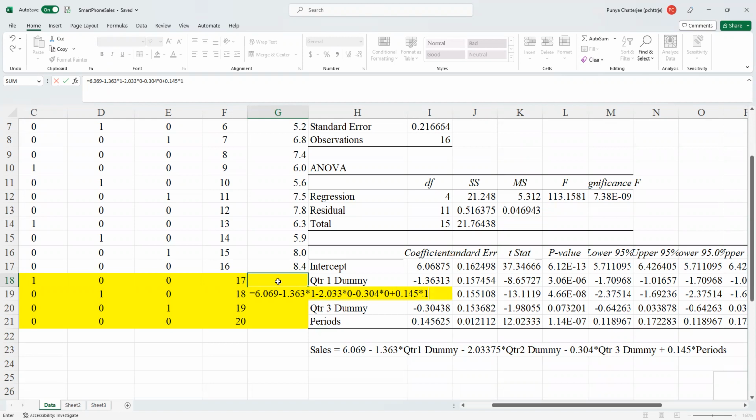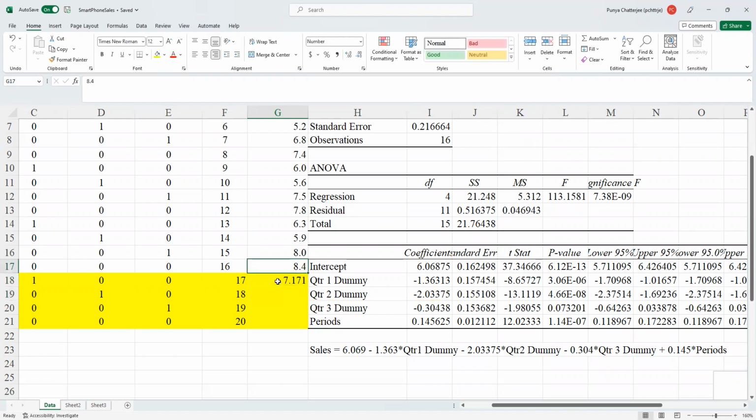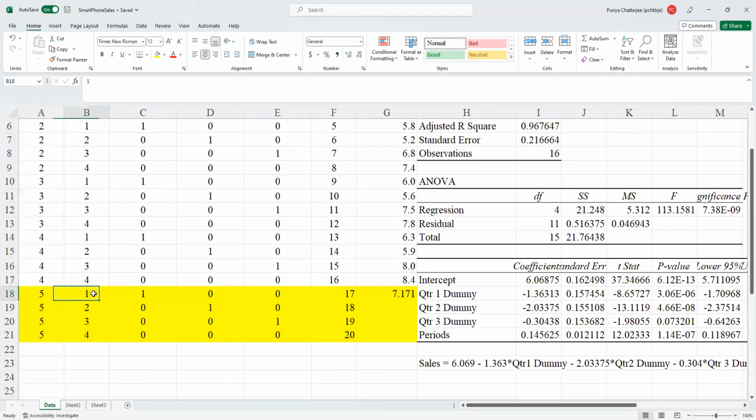This is going to be your forecast for year 5 quarter 1.